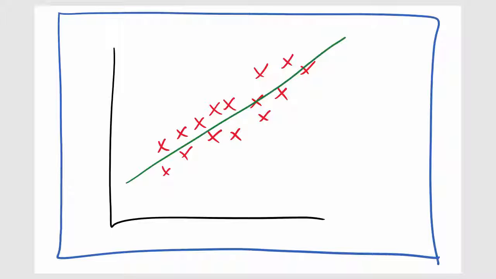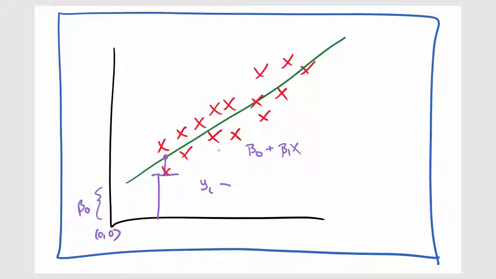The way it's going to pick this line is it's going to take, for example, our x1, y1 point and calculate that distance. That distance is y1, that height, minus the point on the line. This line, let's assume, has intercept beta naught, so beta naught is the height along the vertical axis, and slope beta 1. So that's the line we're interested in.